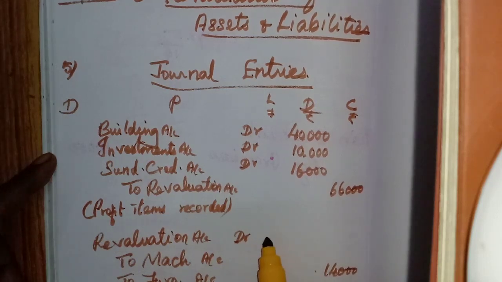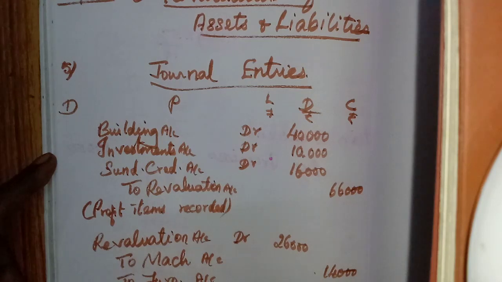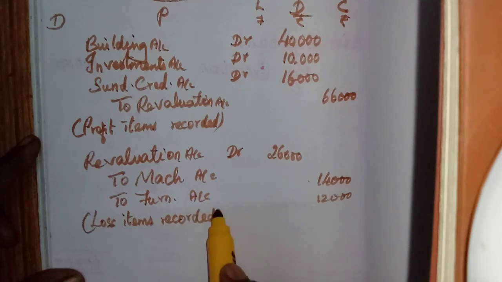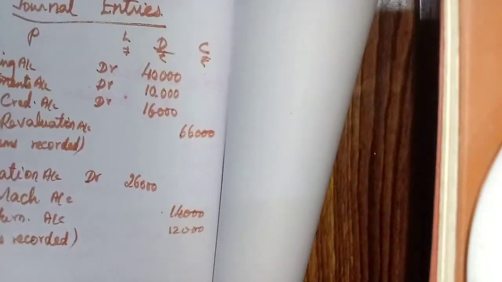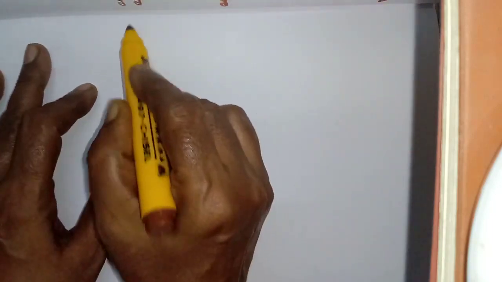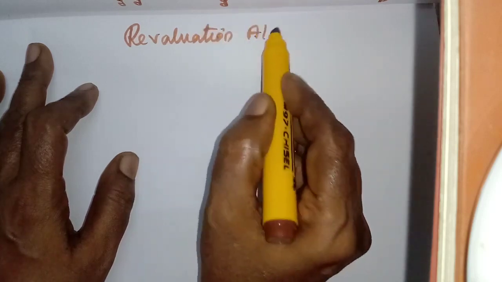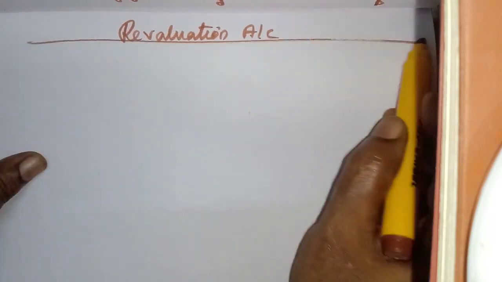So total 26,000. Loss items recorded. Now we have to leave space, so I am using it in this way. Revaluation account.